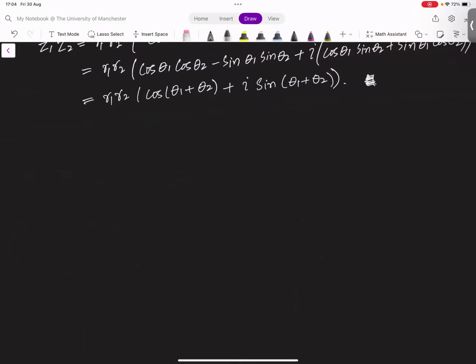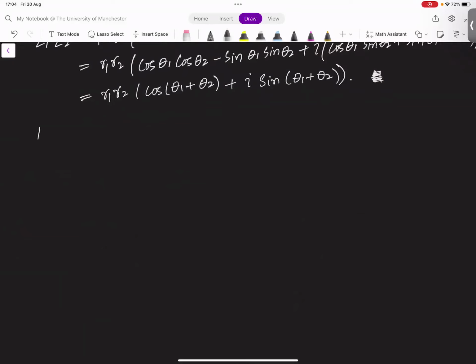So we have a proposition which gives the consequence of De Moivre's theorem. The consequence is proposition 6.1. Let z be a complex number and let n be a positive integer.